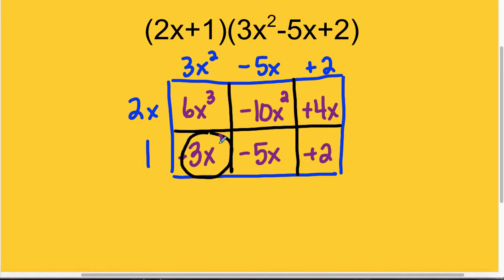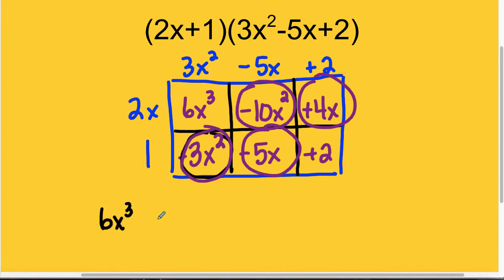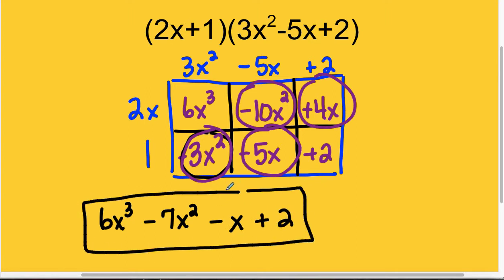I made a little mistake there, and you didn't catch me? Hopefully you did. The like terms are diagonally from each other. Now that's not always true, but it's nice in this case. So we get 6x cubed minus 7x squared. Was that a negative? That was a negative 5x. So negative x and a positive 2. And there I've just multiplied the polynomials.